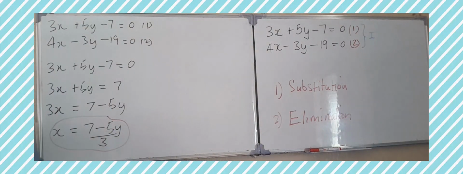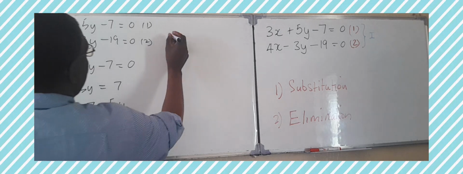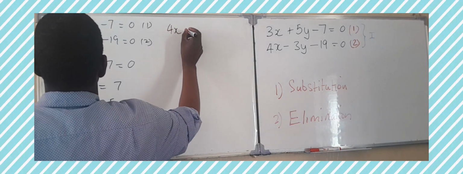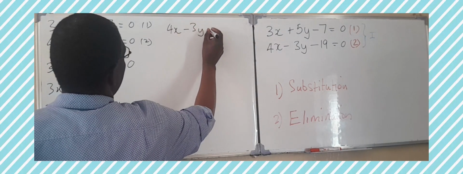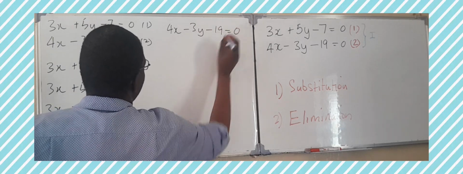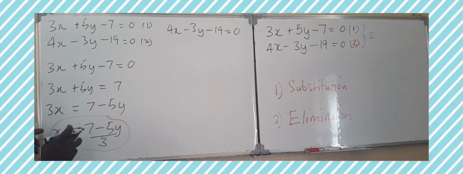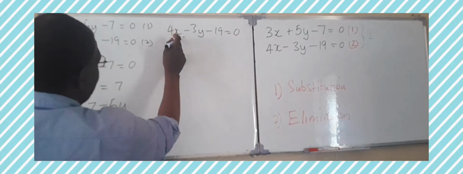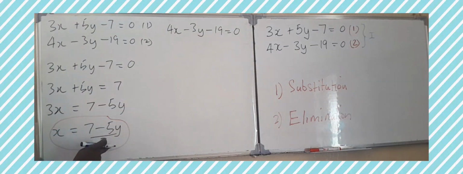Here is our equation number 2. It says 4x minus 3y minus 19 is equal to 0. Okay? Now, we now know that x is equal to 7 minus 5y divided by 3. So instead of writing x here, we are going to substitute it for this.